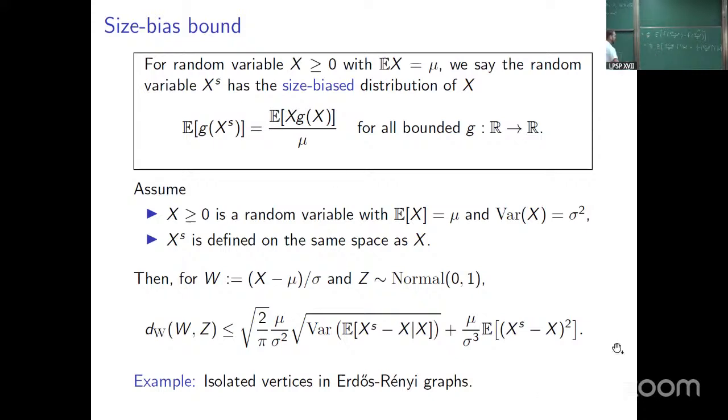Okay. So then expected value of f prime of w minus wf of w is less than or equal to, so I'll put this term mu on sigma squared, xs minus x, we'll compare that to the 1 here. So the norm of f prime times the expected value of 1 minus mu on sigma squared times xs minus x, right?